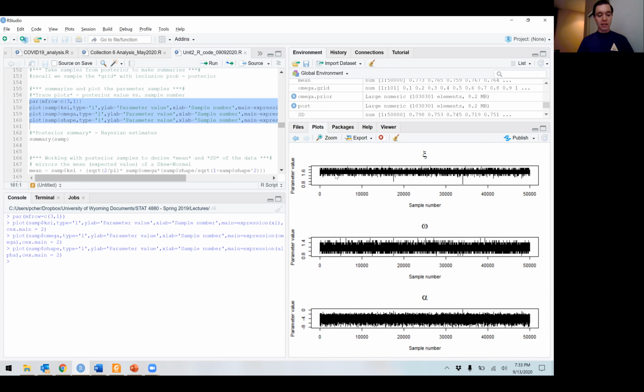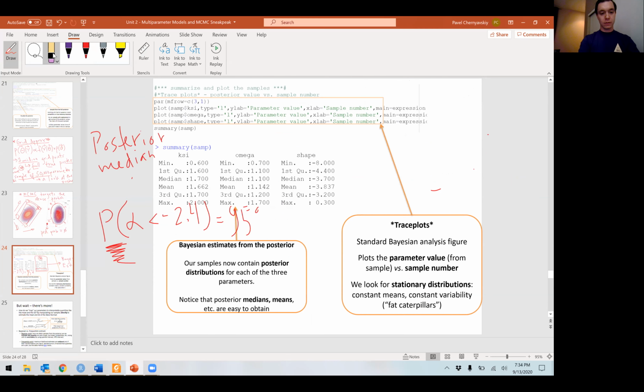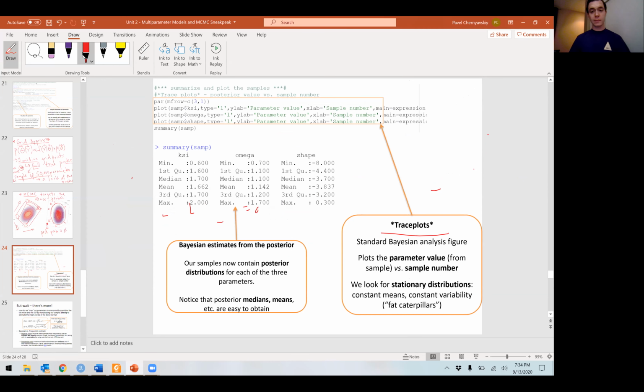So I don't want a trace plot that varies. All right, talking about the trace plots now. I want a trace plot that is stationary.